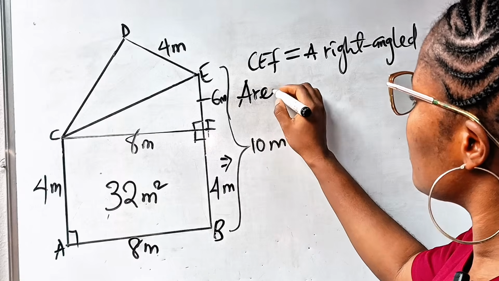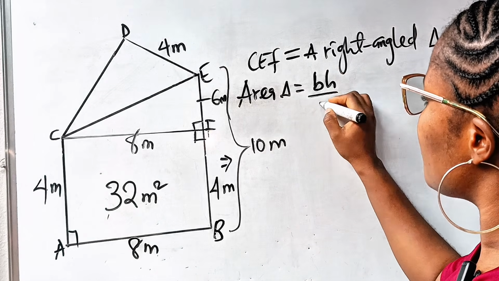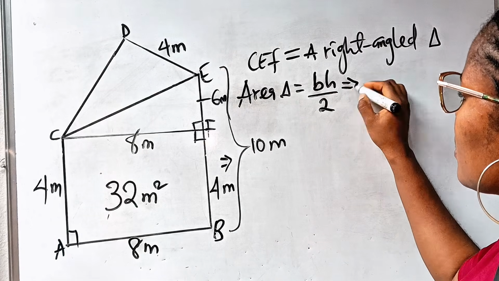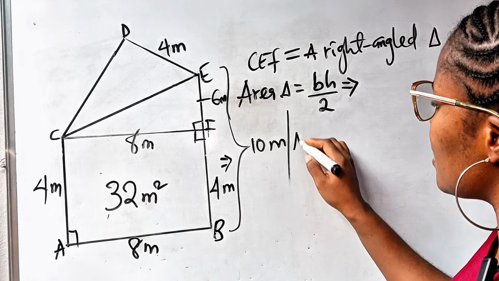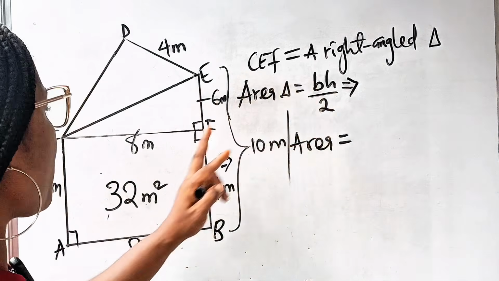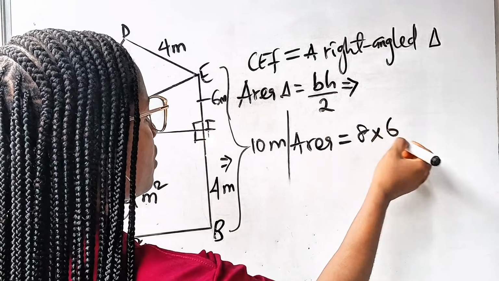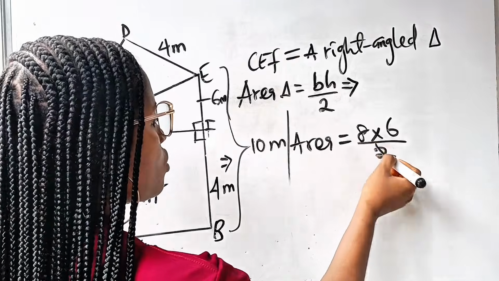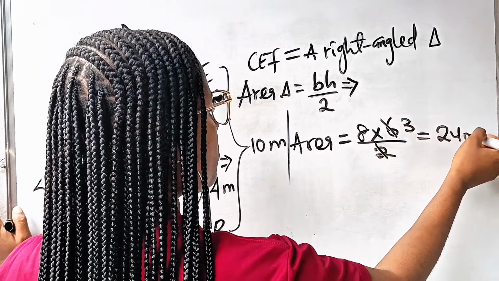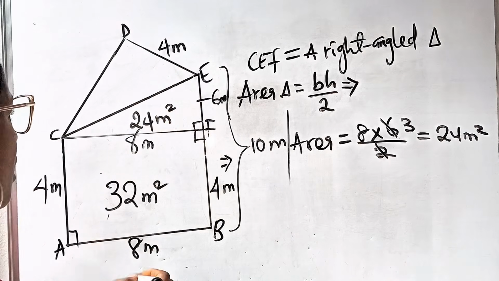Now the base is 8 meters, so the area is equal to 8 times 6 divided by 2. Now 2 will go into 6 3 times. 8 times 3 is 24 square meters. So we have 24 square meters as the area of that one.